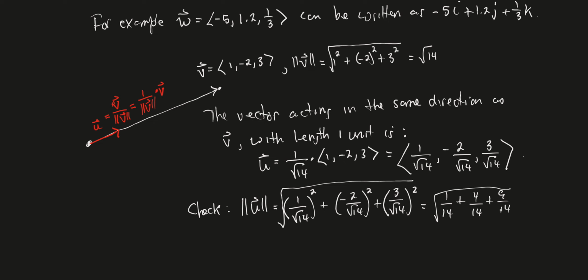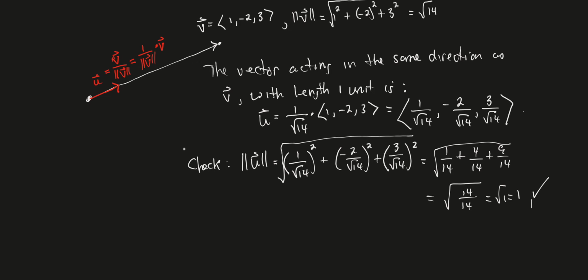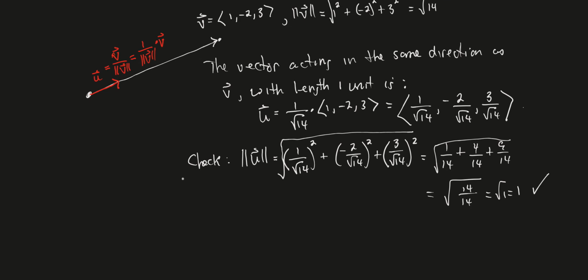We already have a common denominator of 14, and in the numerator, we also have 14. So there you go, root 1, which is equal to 1. And that's what we want, right? So the process of taking a vector like this and dividing it by its magnitude will produce a unit vector. We're going to write that down formally, but there's something that we have to state before.